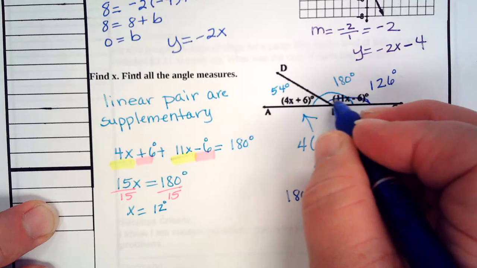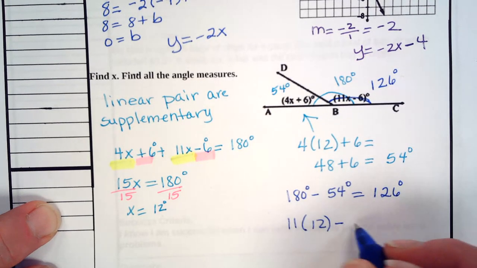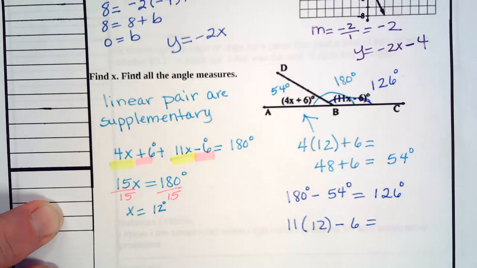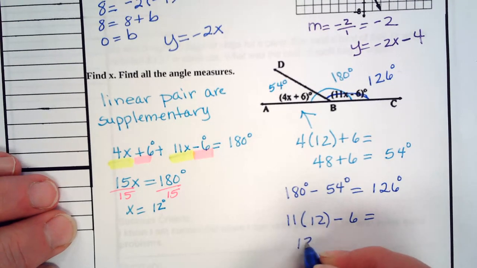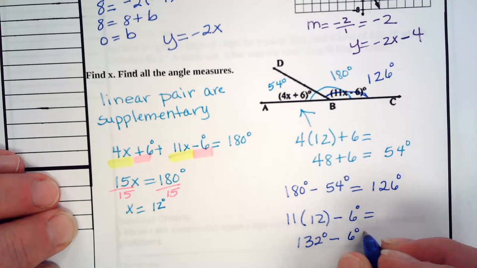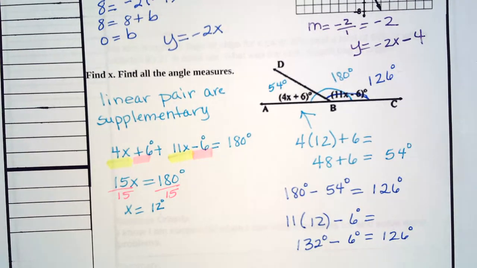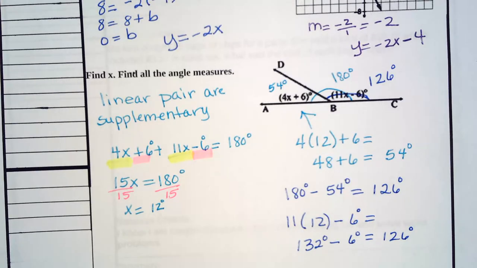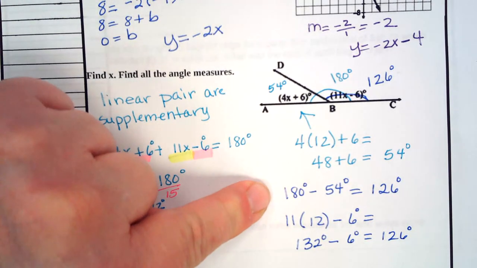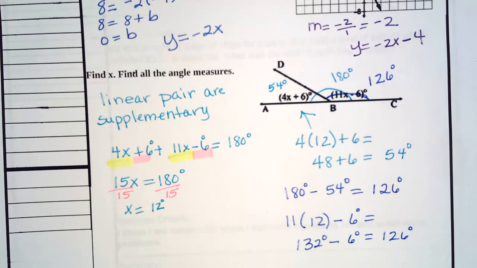That's for this part right here. 11 times 12 minus 6 is 132 degrees minus 6 degrees is equal to 126 degrees also. So no matter which way you do it, whether you do 180 minus or if you substitute it in, you'll get the same answer.